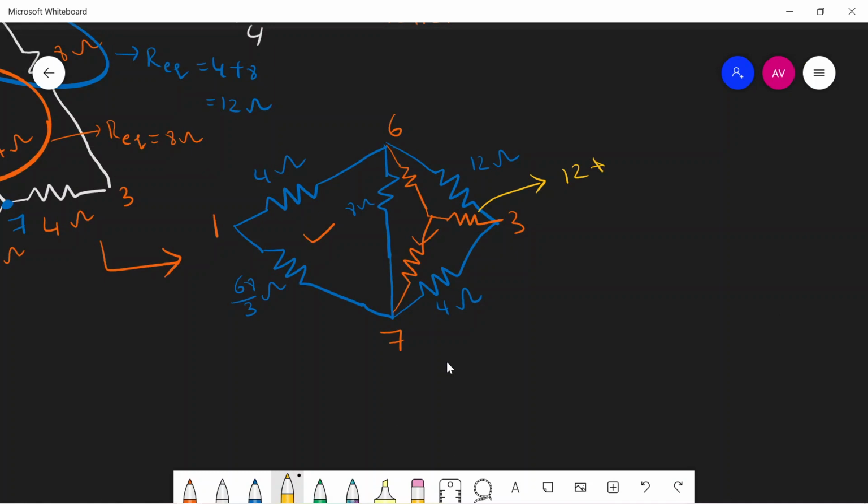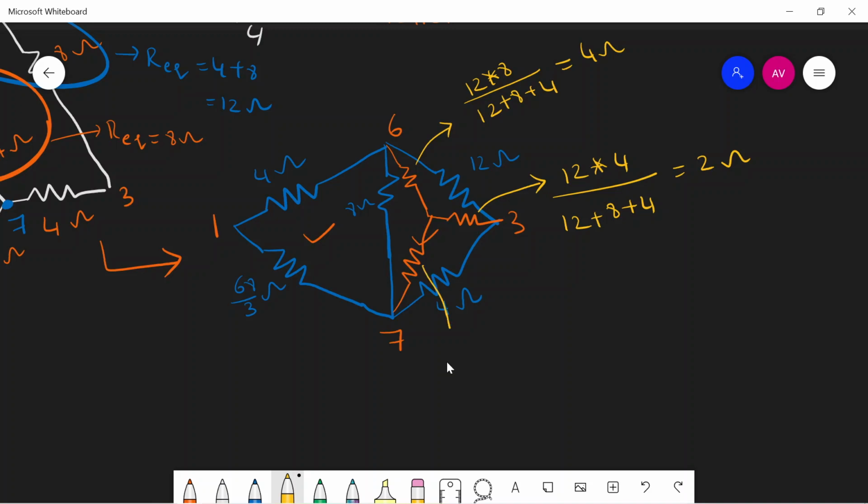This equals 12 into 4 divided by 12 plus 8 plus 4, which is equal to 2 ohm, and this value equals 12 into 8 by 12 plus 8 plus 4, equal to 4 ohm, and this value equals 8 into 4 by 12 plus 8 plus 4, which is equal to 1.33 ohm. Okay, let us redraw the figure again now.